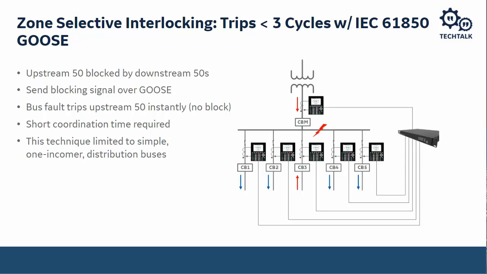If you don't have GOOSE messaging, you can do it with contact I/O, but you will add time because now you have the contact output operate time and then the main relay sense time. Now you're looking at probably 6 to 8 milliseconds as opposed to 3. So there's additional time if you're using contact I/O as opposed to something like GOOSE messaging. This is kind of limited to simple main and feeder breakers, the distribution type buses.